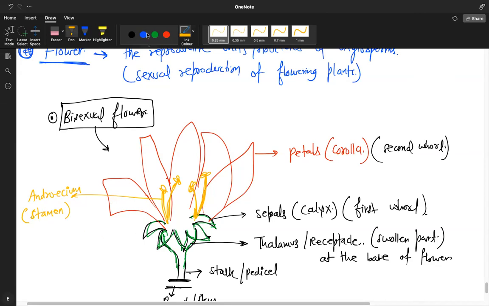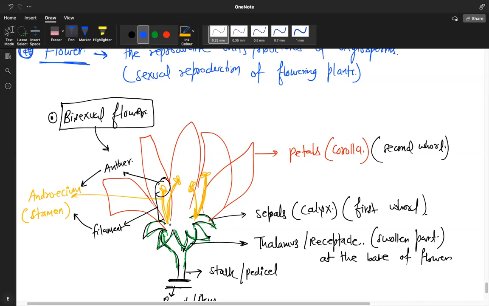And in the stamen, there are two things. This part of the stamen is called the filament. And this small part is called the anther, right? Anther contains pollen grains. So anther and filament both make up the stamen. Is it clear?